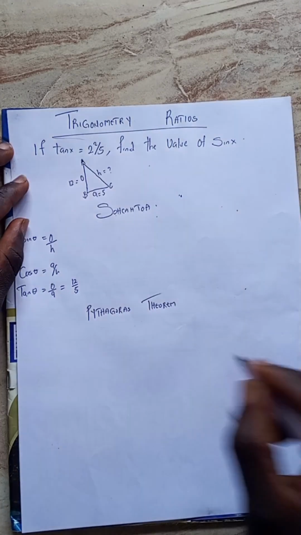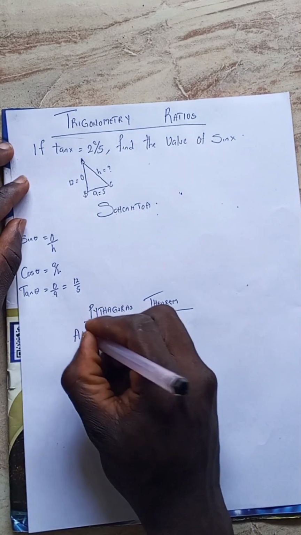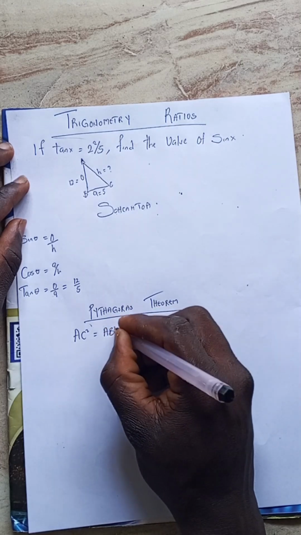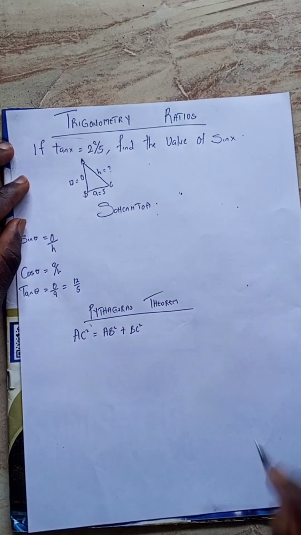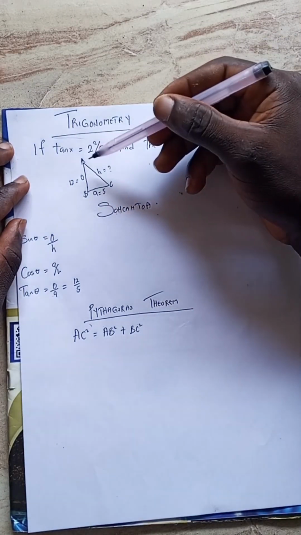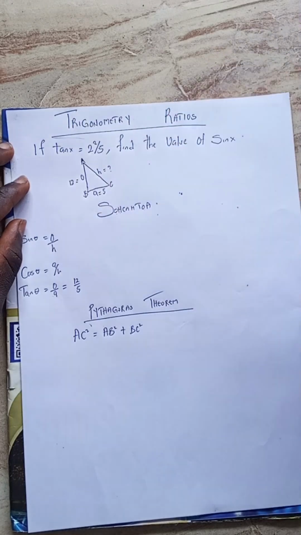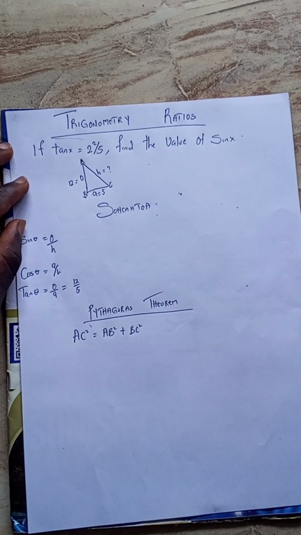It says AC square equals AB square plus BC square. That's what Pythagoras gave us as theorem.